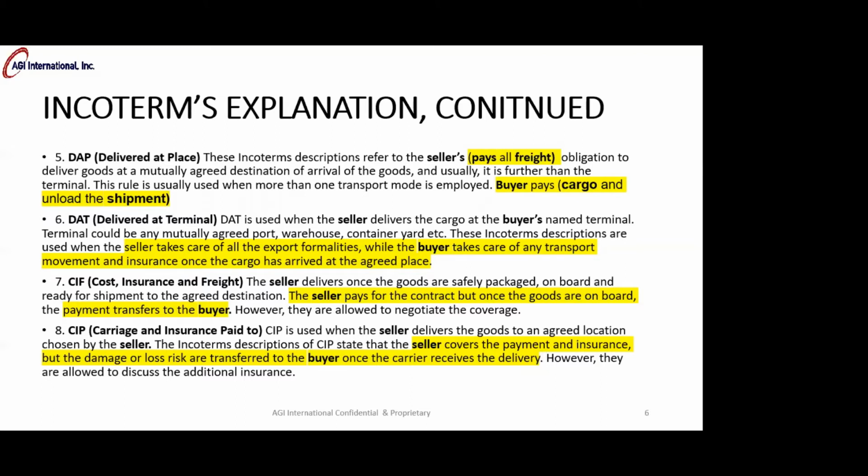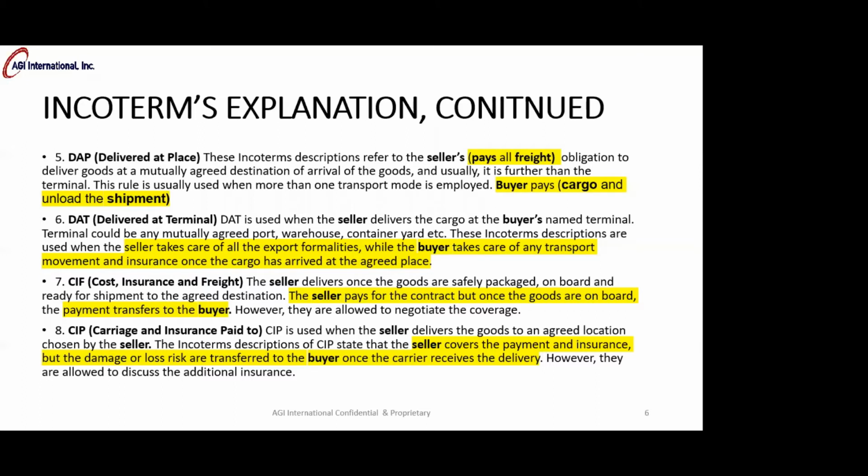The seller pays all the freight, but the buyer pays the cargo unloaded, the unload at the shipping point. It gets a little, depend upon your relationship with the buyer. There are better alternatives in this one, but that's the one that's out there and available.